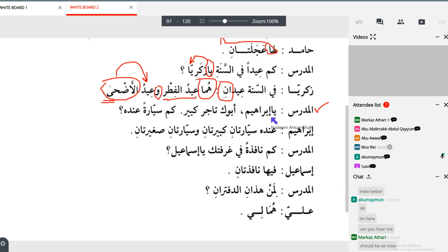Just pay attention to the spelling, inshallah. This is Mu'annath, which means feminine, and it's also Muthanna, which means dual.